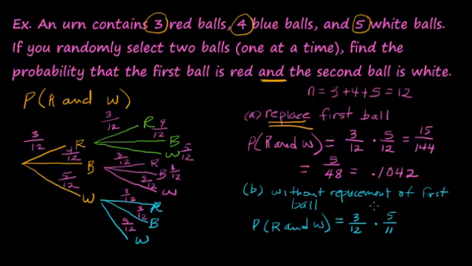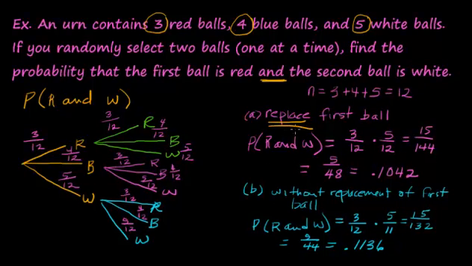So now our probability turns out to be 15 over 132, which will simplify to 5 over 44, or to 4 decimal places, 0.1136. So we can see we got a different result, and it was important to know what the procedure entailed.